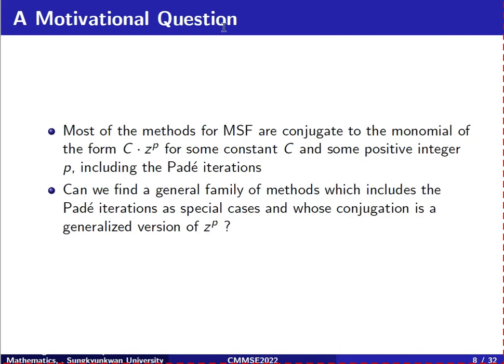Here is the motivating question for our talk. Most of the methods for the matrix sign function are conjugate to a monomial of this form, c times a constant times z to the power of p. So the question is, can you find a general family of methods which includes the Padé iterations as special cases and whose conjugation is a generalized version of this one?